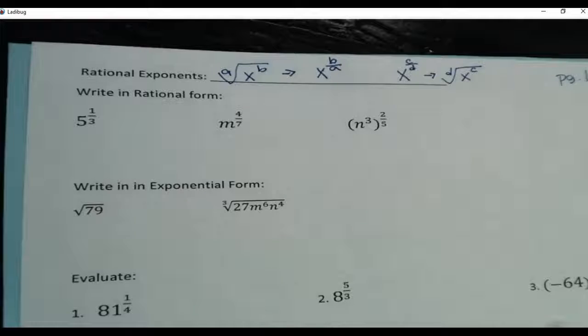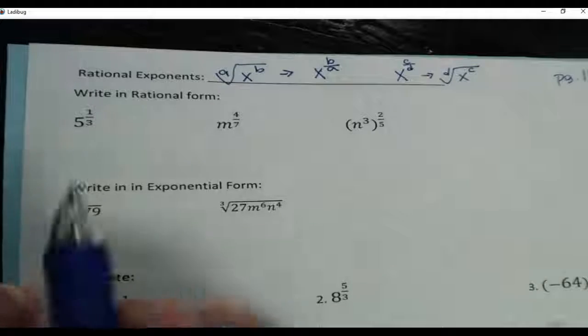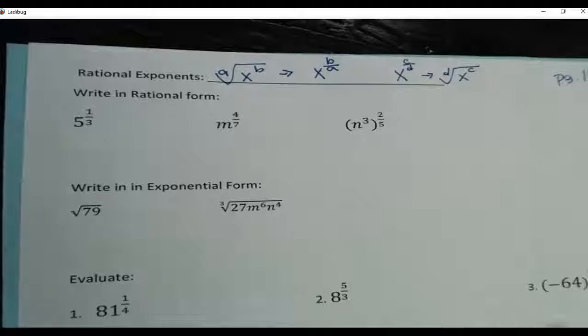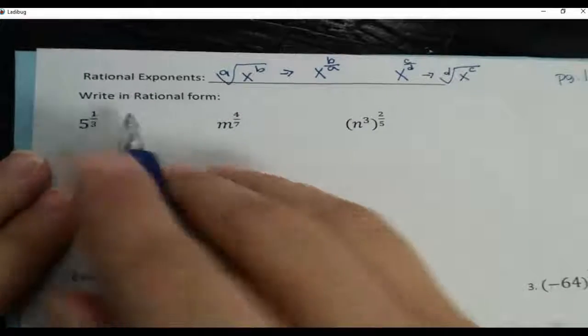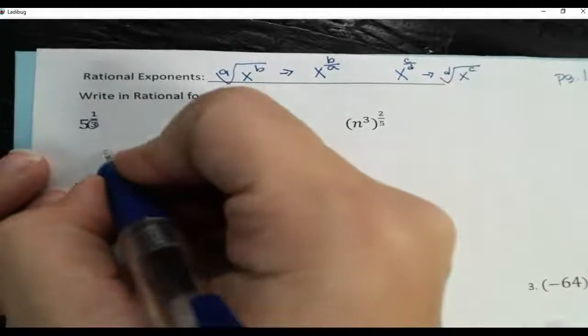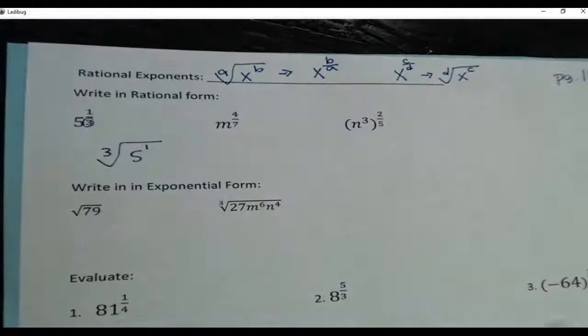Okay. So if we look at the first one, I know your 5 is gone. So it should be 5 to the 1/3 power. So you need to write that 5 there. All we want to do here is write it in rational form. So the 1 stays where it is, but that 3 becomes the root. So that becomes the cube root of 5 to the 1st power. That's it.